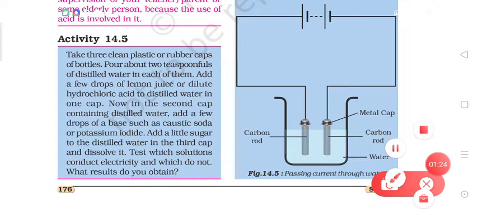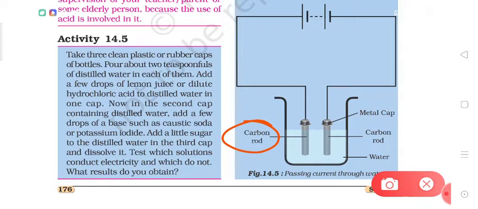So dear students, what we will do, we will first of all take two carbon rods as shown here in this figure. We will take two carbon rods from two used cells and we will clean their metal caps. After cleaning the metal cap, suppose this is the carbon rod and this is the metal cap.